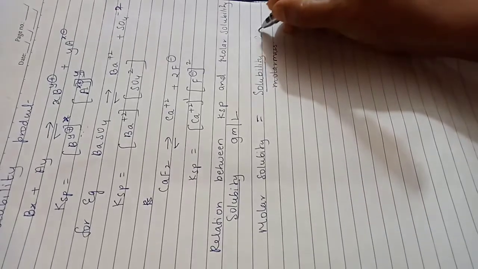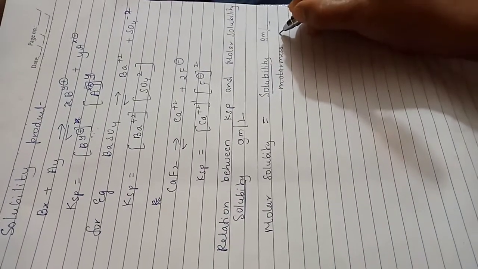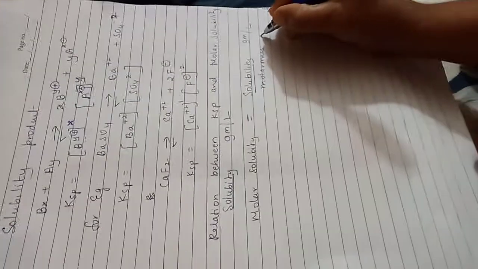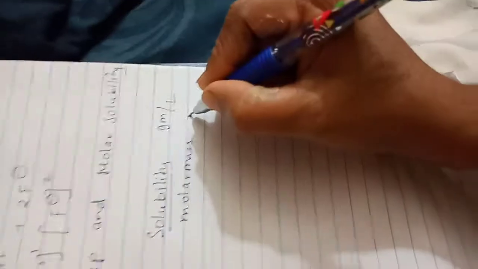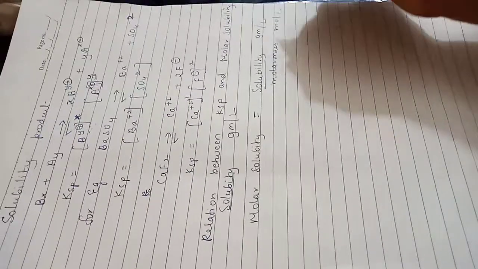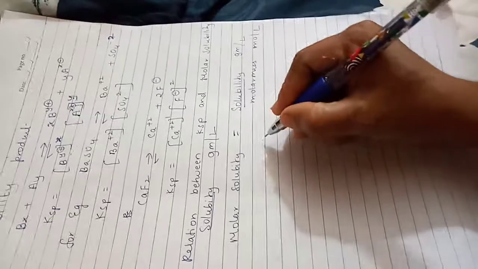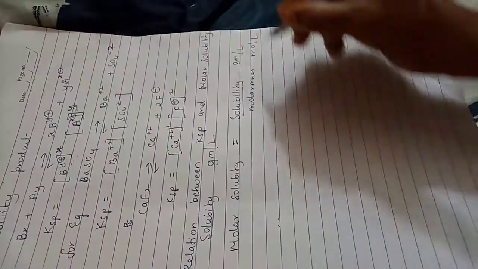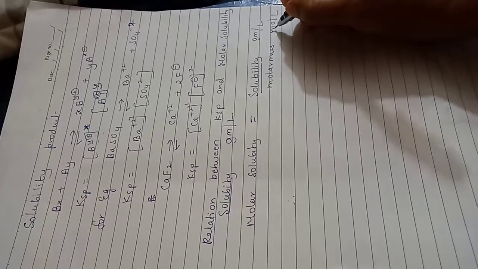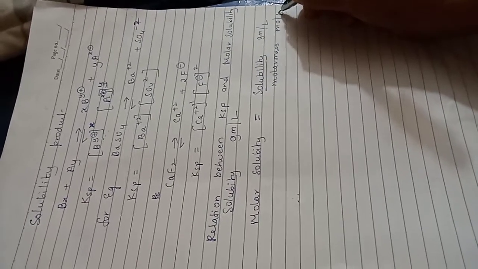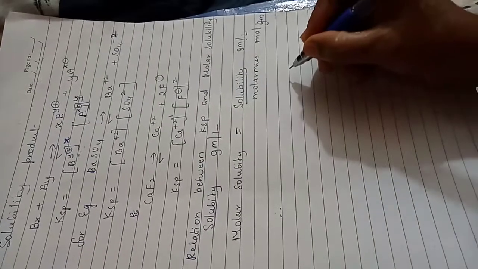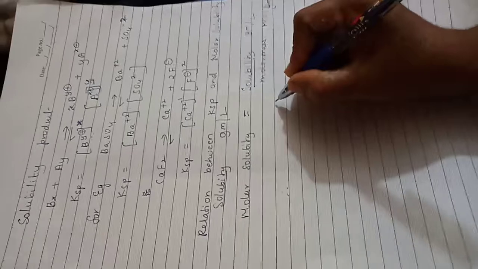Solubility unit is gram per liter, and molar mass is in gram per mole, and that is how you get mole per liter.